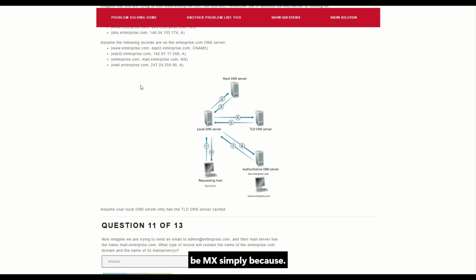Simply because mail.enterprise is mentioned twice, right? mail.enterprise is just the website. It's hosted by this IP address. And so if you go to the record above, enterprise.com, and then it's hosting the mail.enterprise address, right? So the resource record we're looking for is MX, right?